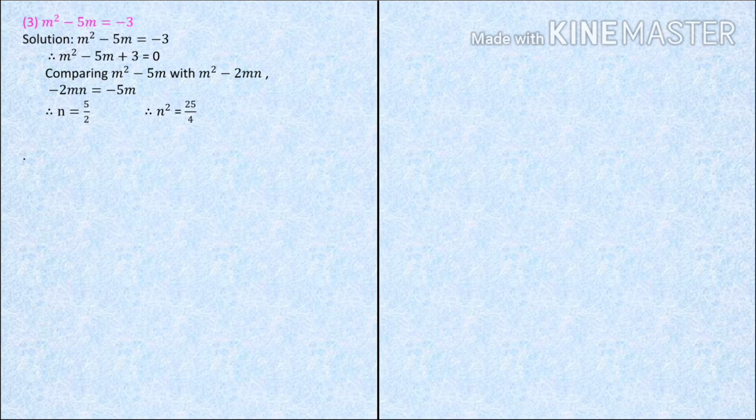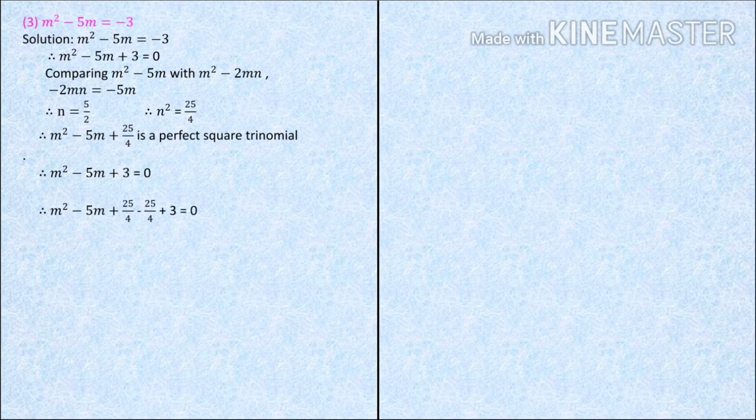After squaring both sides, we get n square is equal to 25 by 4. Now to the equation m square minus 5m plus 3, we have to add and subtract 25 by 4. So m square minus 5m plus 25 by 4 minus 25 by 4 plus 3 is equal to 0.